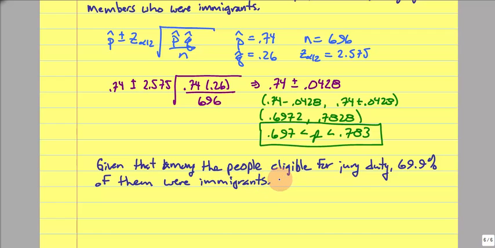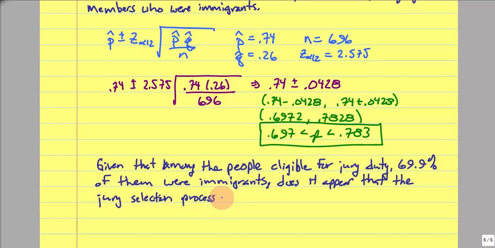Okay, so that means out of the population that could have been selected for jury duty, 69.9% were immigrants. Does it appear that the jury selection process was biased toward immigrants or biased against immigrants? So does it appear that the jury selection process was somehow biased against immigrants?